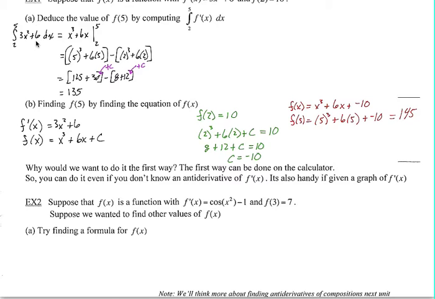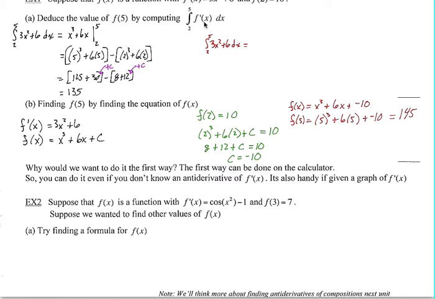Alright, so now the question is, how does this integral help us find this here? Well, using the fundamental theorem of calculus, we know that the integral from 2 to 5 of 3x squared plus 6 dx is equal to the parent function.